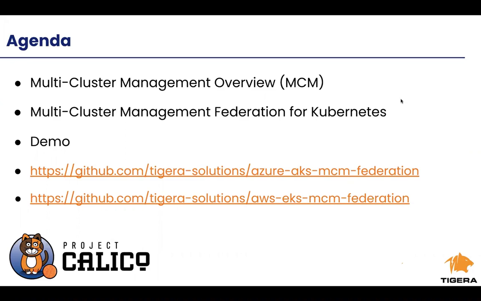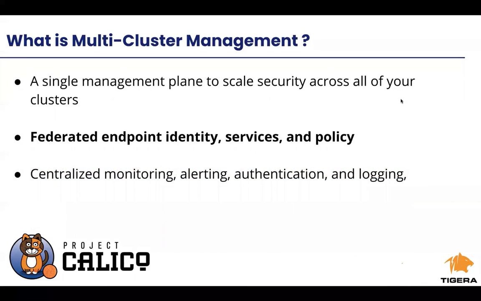As you start to have more and more clusters, it becomes more difficult to maintain the security across those clusters. What Calico Enterprise Multi-Cluster Management does is give you a single pane of glass, a single management plane to scale the security across all of your clusters. You can join all of your clusters to a single management UI and manage the network policy.